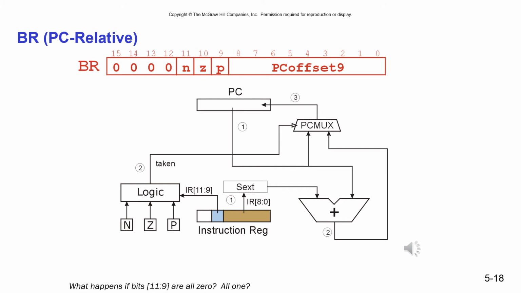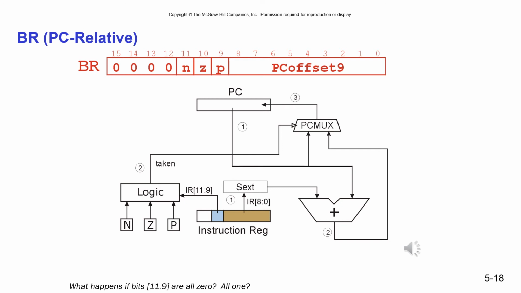This is the data flow diagram for the branch instruction. Obviously, the opcode is 0, 0, 0, 0. Then bits 9, 10, and 11 specify the conditions under which the branch will be taken. The offset in bits 0 through 8 will be added to the program counter if the condition holds.